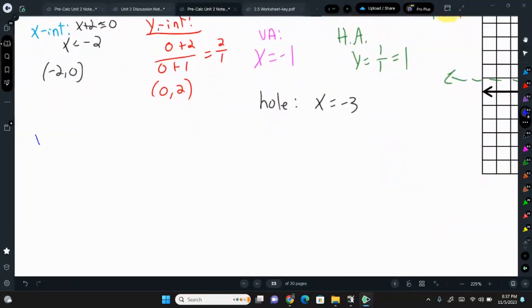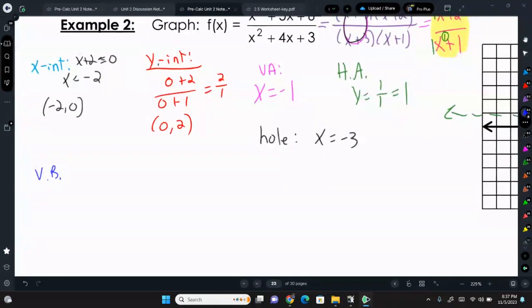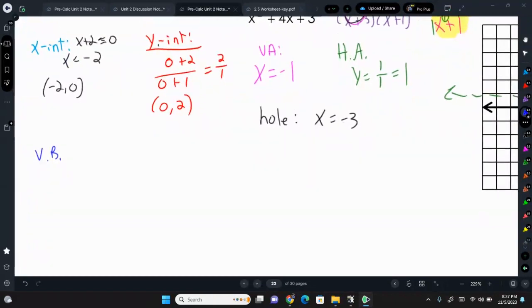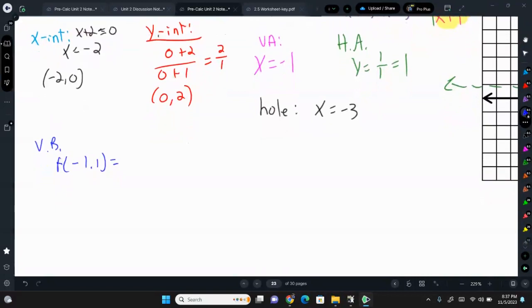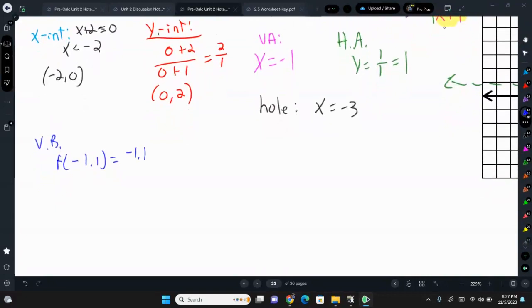Our vertical behavior, okay, so our asymptote is x equals -1, so we want to be on either side of it. So we're going to do f of -1.1, and we're going to substitute that into our highlighted function up there. So -1.1 plus 2 over -1.1 plus 1. We have a positive in the numerator because -1.1 plus 2 is positive.